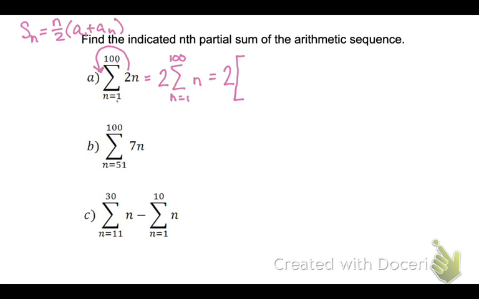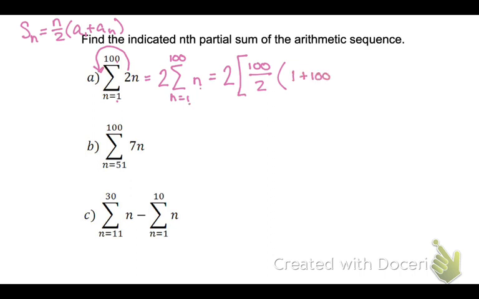1 to 100. What's my n? How many things am I adding? 100. Divided by 2. That's a really big bracket. Times a sub 1. 1? Yeah, 1. Because when we plug in 1, we would get 1, yes? Plus 100.